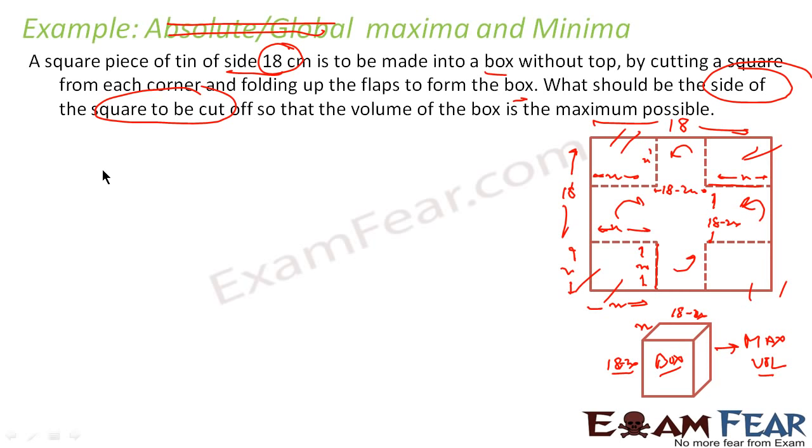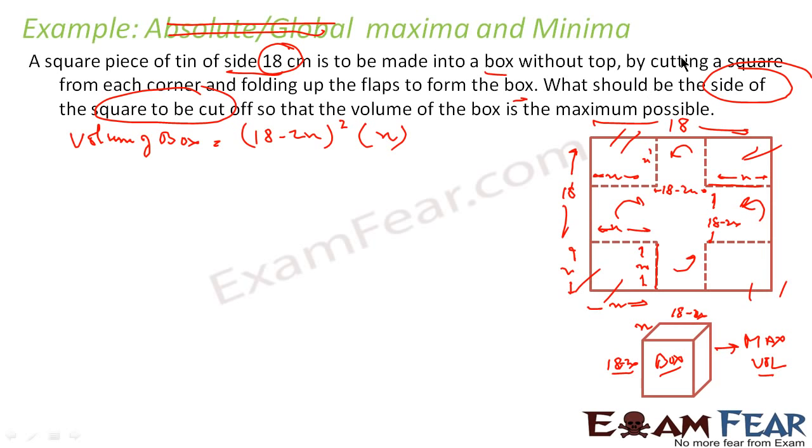Correct? So my volume of the box will be length into breadth into height, that is, 18 minus 2x squared into x. This is the required volume. Why did I find the volume? Because we are talking about the maximum volume.